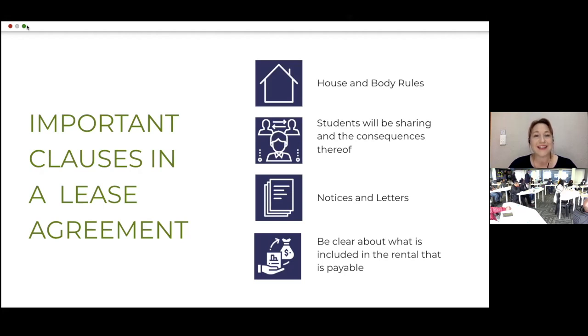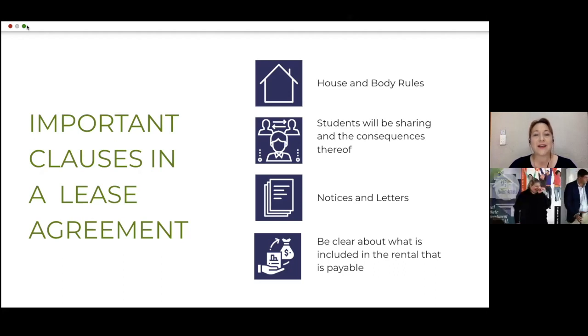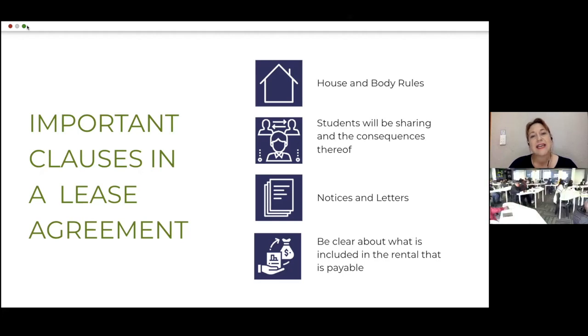Notices and letters. Over and above that, it is usually stipulated in the agreement where the notices would go. Make sure that you also give a copy to the student. It doesn't help just to send a letter to the person that's nominated in the lease agreement to say that the student is making noise.